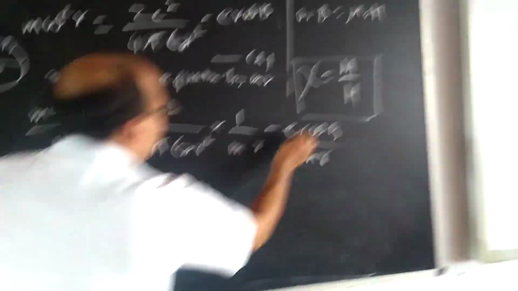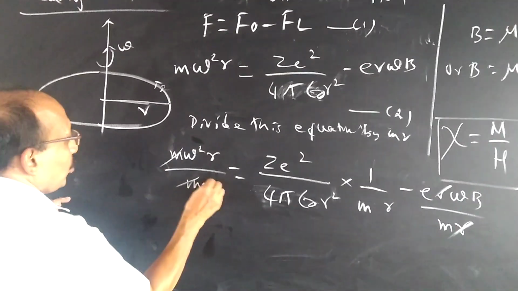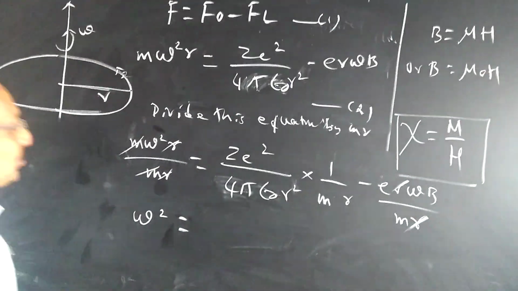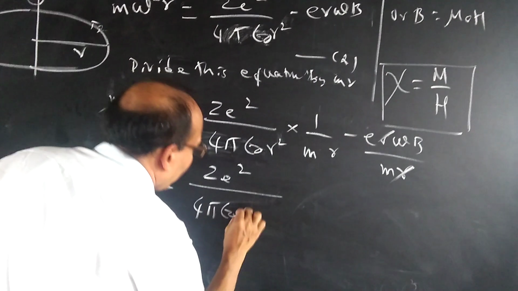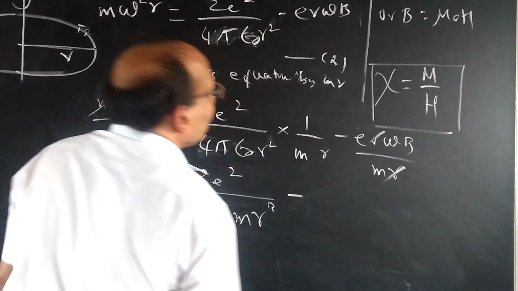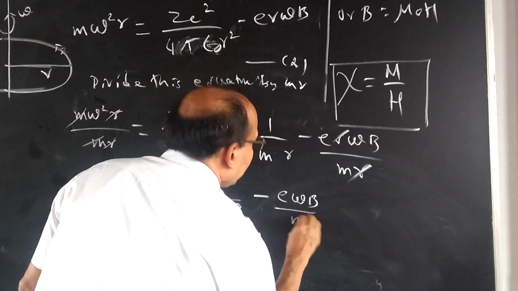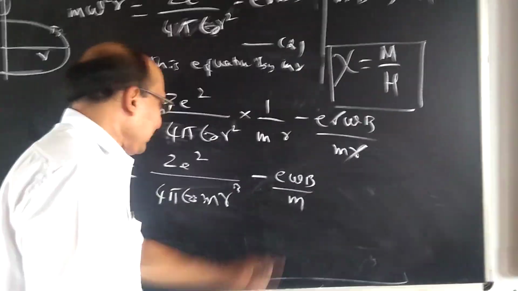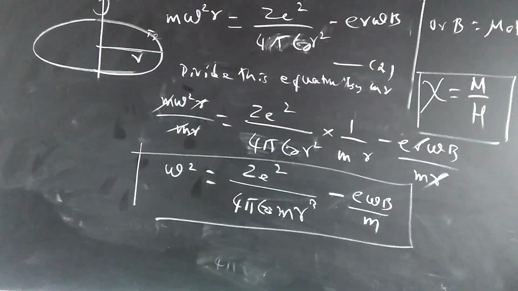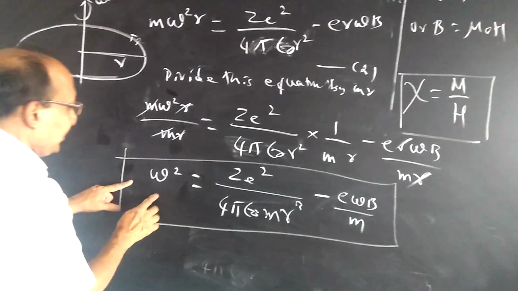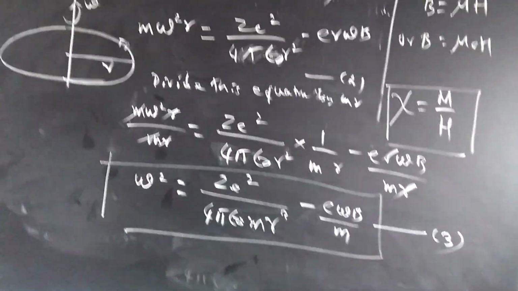Okay, so here r gets cancelled, and we can have omega square must be equal to Z e square upon 4 pi epsilon naught m r cube minus e into omega into B upon m. Okay, so we can have this particular form, and the whole equation we can call equation 3.